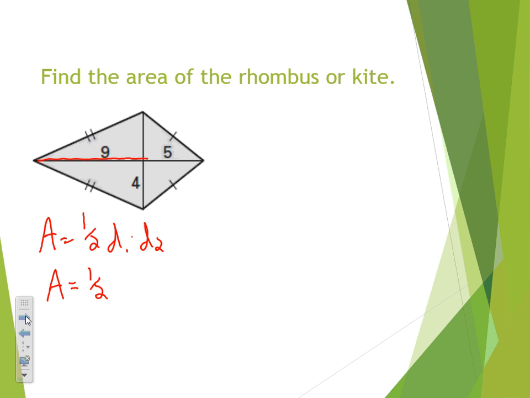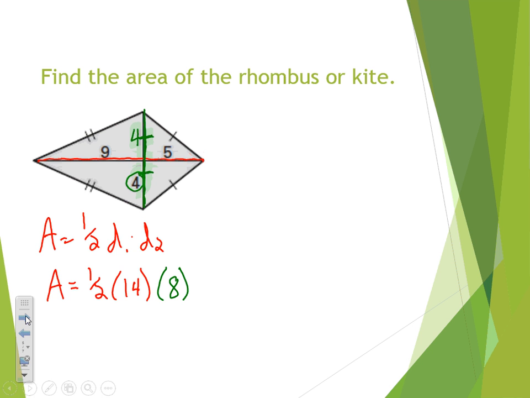This is a diagonal right here, so I have 14 times diagonal 2. Now here's my other diagonal. It's very important that we remember our properties of kites and rhombuses because these two are congruent. So this is 4 and this is 4. So my second diagonal is 8.